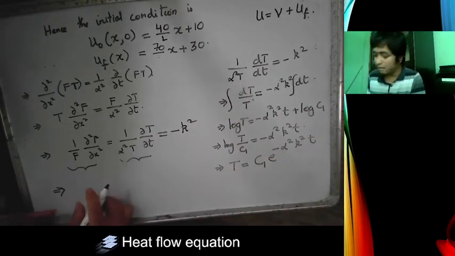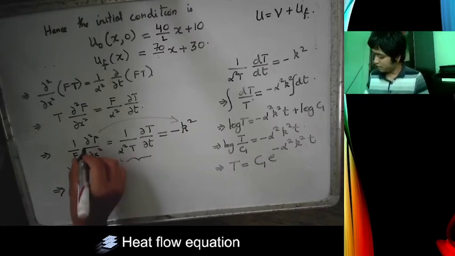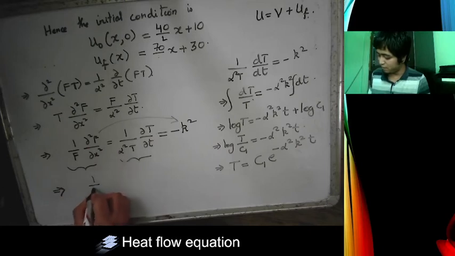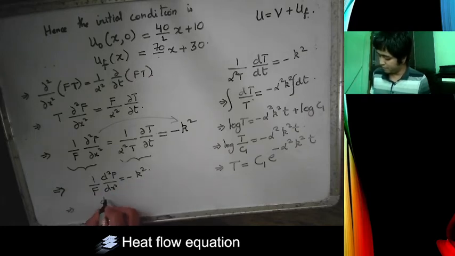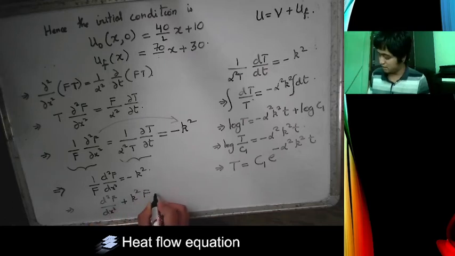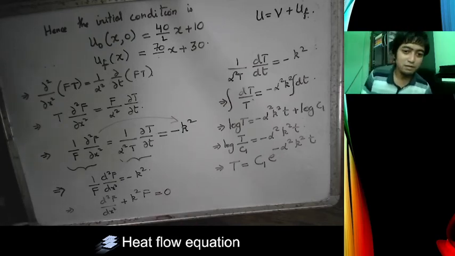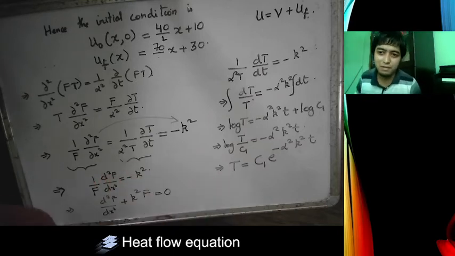Next, what I will do here separately is solve the space part equal to minus k squared. Again, it has behaved as a total derivative because there are no other variables. d2f dx squared equals minus k squared f, so we will be having d2f dx squared plus k squared f equal to 0. k can be equal to 0, less than 0, or greater than 0.